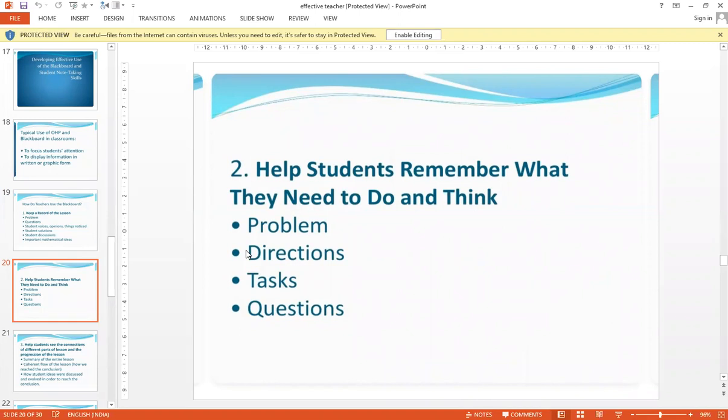Board also helps to acknowledge students' comments, summarize and connect contributions by drawing arrows between the words or phrases. So it helps the students to analyze the questions that are in their minds.